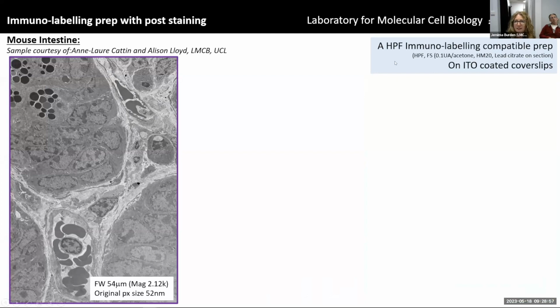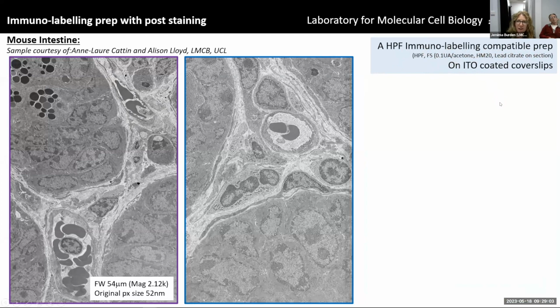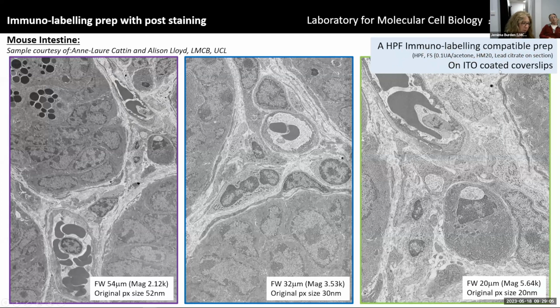And similarly, testing immuno-friendly preparations, high pressure freezing, freeze substitution, etc., and low contrast, but with lead citrate on section, again on ITO coated cover slips.